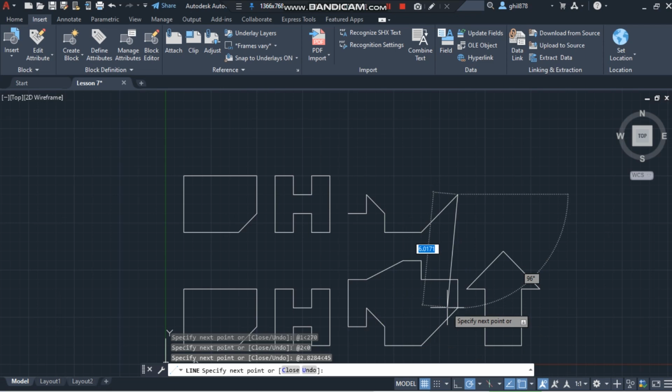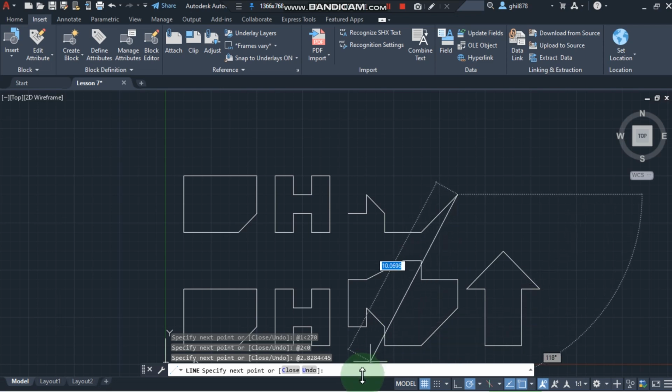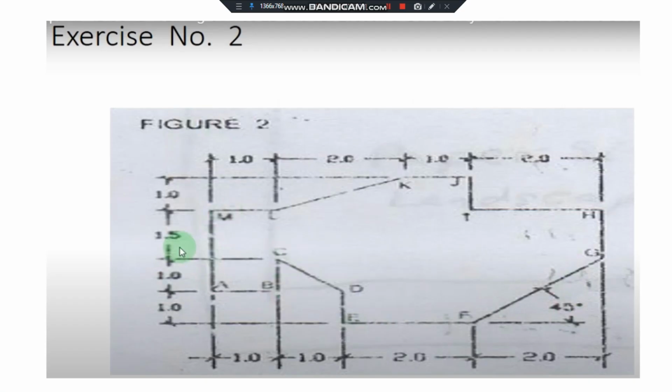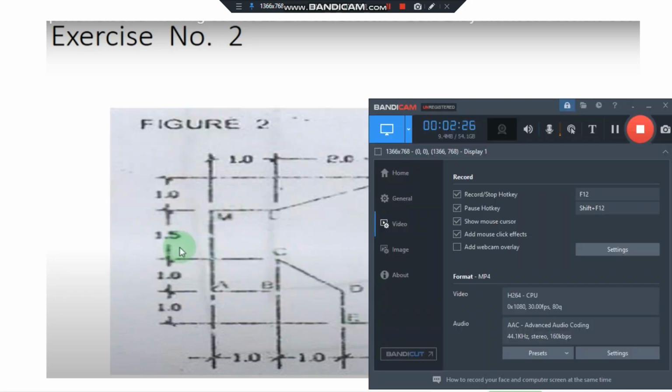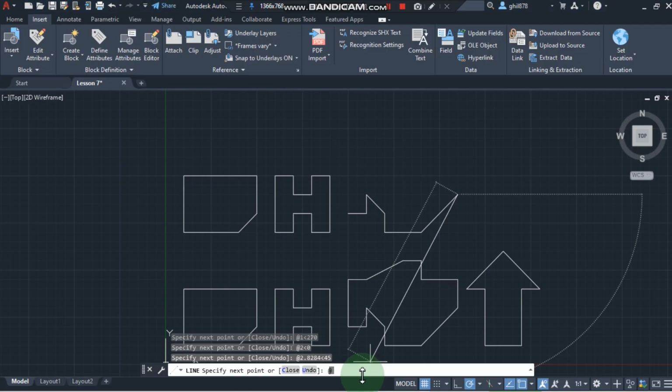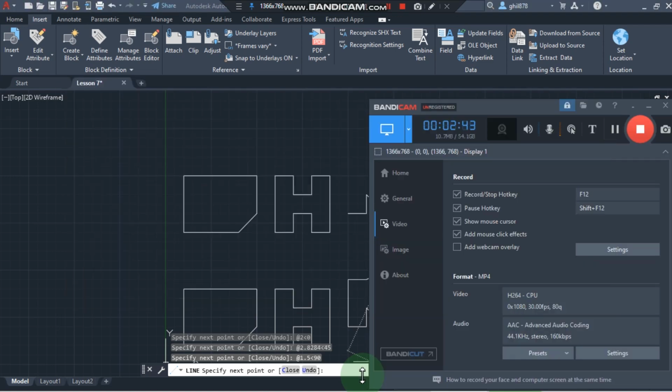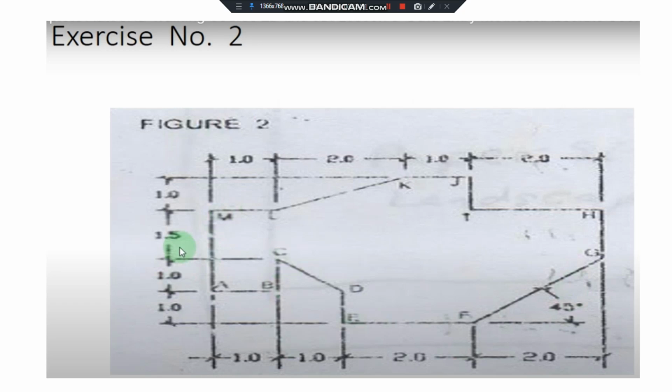So that's the copy of that. Then the next distance will be 1.5. At 1.5, going up 90 degrees. Then to the left 180 degrees with a distance of 2.